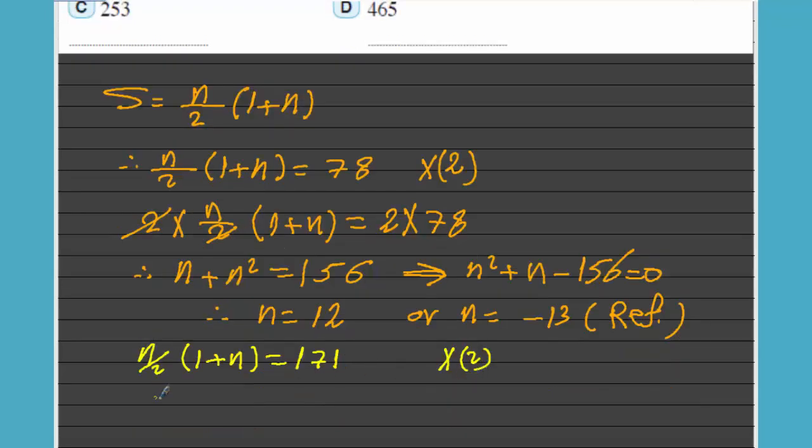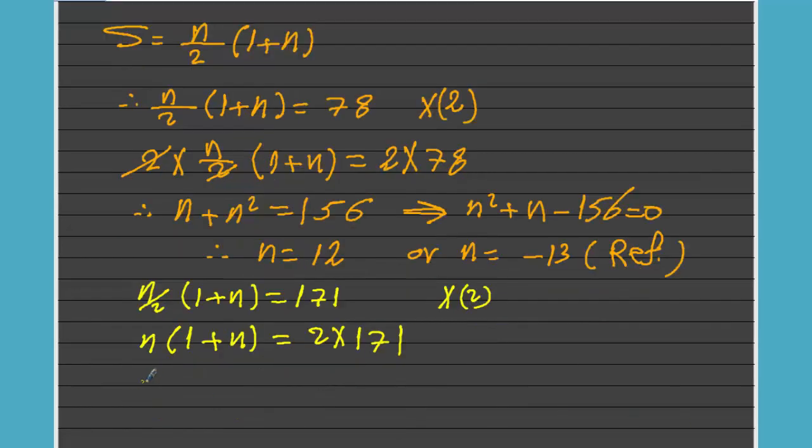So 2 × n/2 equals n, times (1 + n), equals 2 × 171. So n × 1 equals n, n × n equals n², equals 2 × 171, which is 342.